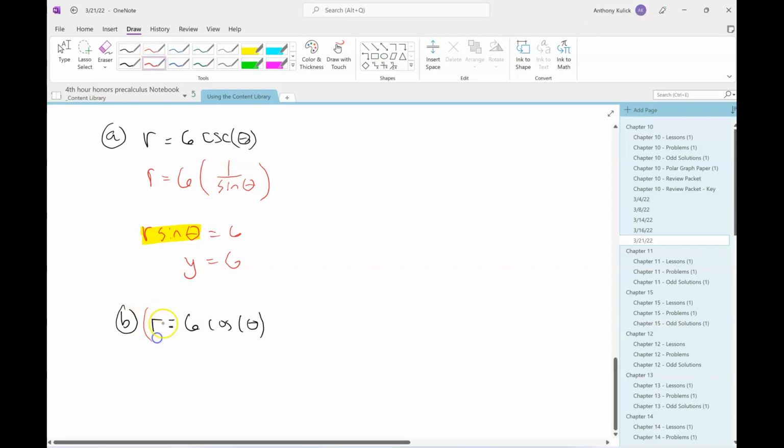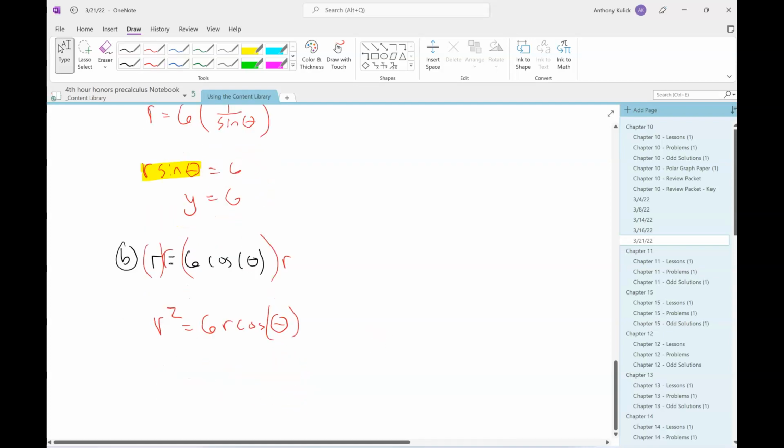Well, this is the trick. Just multiply both sides by r. You're like, oh, Mr. Kulik, you sly dog. That's a good trick. Because what do we notice that we get on the right-hand side? I now have an r cosine theta. What is that?